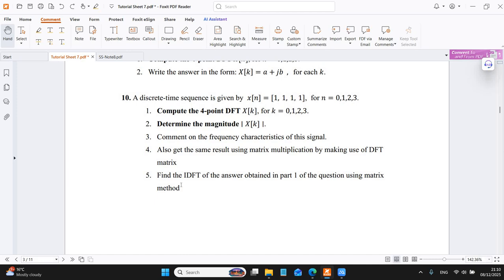Okay, so simply this is what you can do. Otherwise you have to substitute the value of this. So this is the magnitude spectrum of x of k.